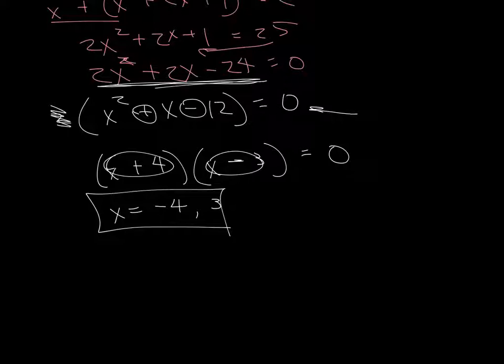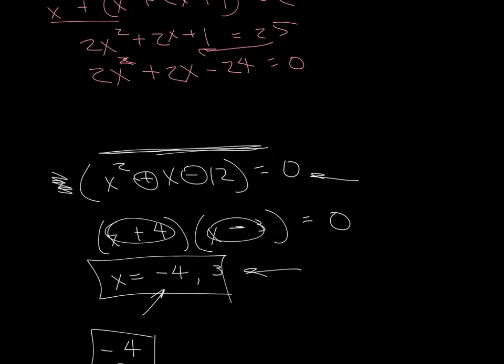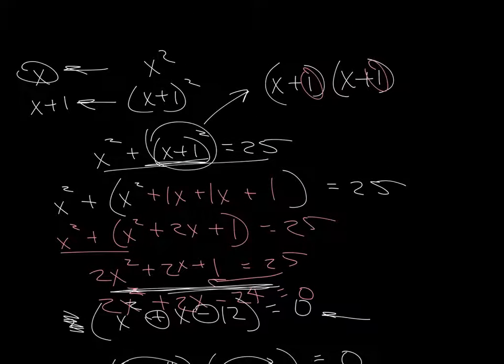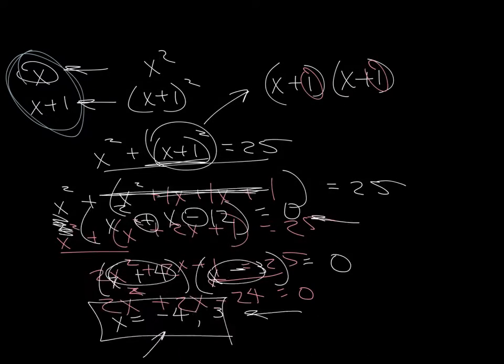Okay, so kind of a long lesson, but that is kind of the answer. I guess I should go back, because the question said, what are the 2 integers here? So if one of the numbers is negative 4, the next number is going to be negative 3. Because if you remember right, we started out with our 2 integers here, one being x, one being x plus 1.